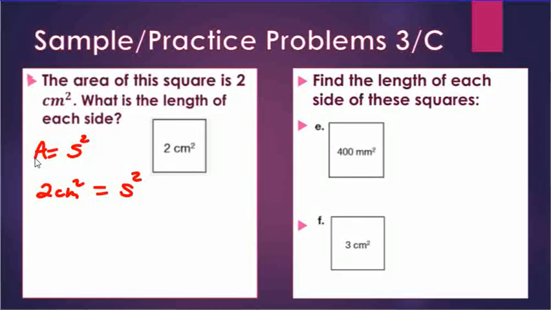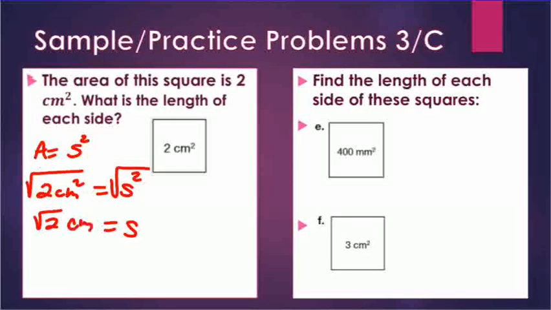To undo a square, the square root of s squared would be s. So I need to find the square root of the area, which gives me the square root of 2 centimeters. We don't need to find the decimal for that one; we could just keep it as the square root of 2. If you wanted an approximate decimal, it would be roughly 1.4 centimeters.